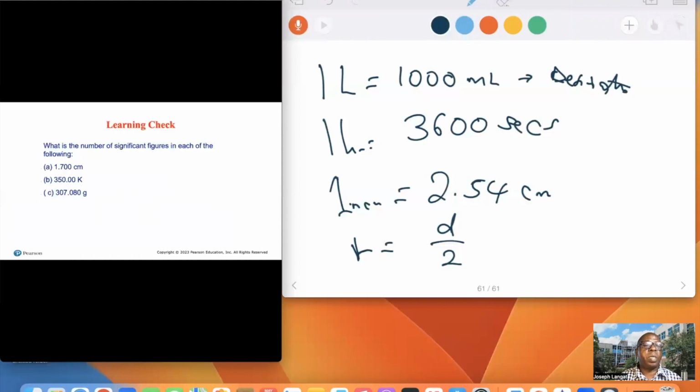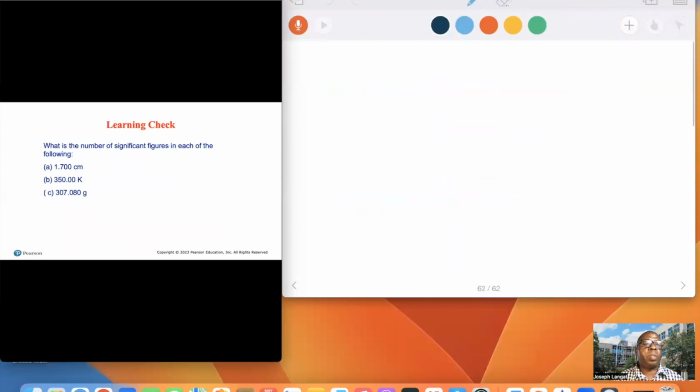It will never change. Here is a simple learning check problem. It's just counting the number of significant figures. You will see a mini problem in the homework, in the exam and quiz. Just give it a number and say, how many significant figures do you have here? This has 1, 2, 3, 4. So A, this has 4 significant figures.